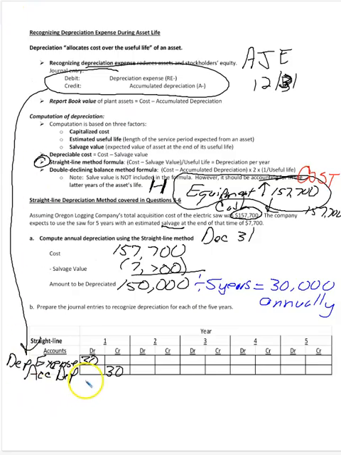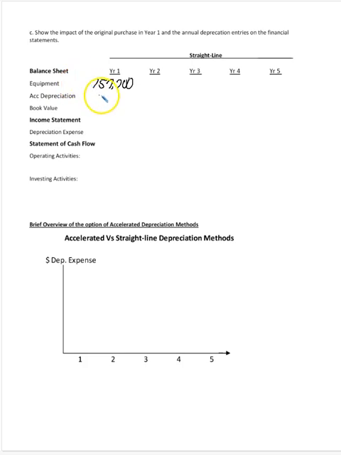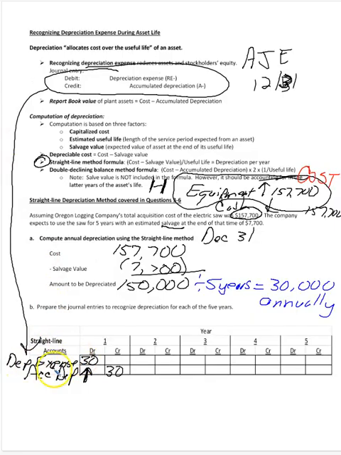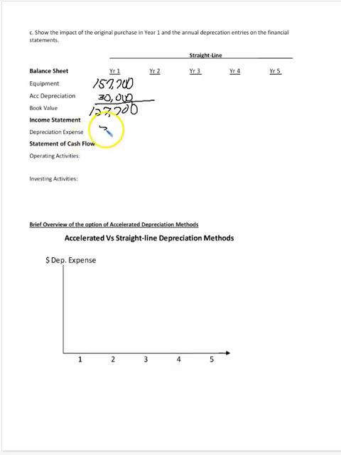Then we just increased accumulated depreciation $30,000. So it would have a book value of $127,700. So we net that value on the balance sheet. On the income statement, we recorded depreciation expense of $30,000.